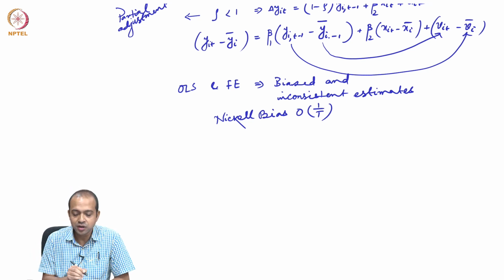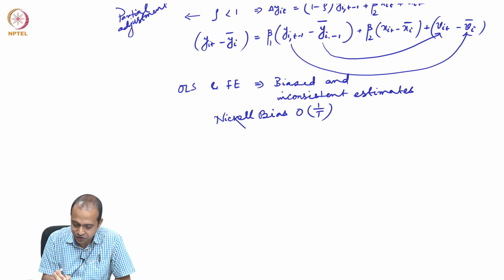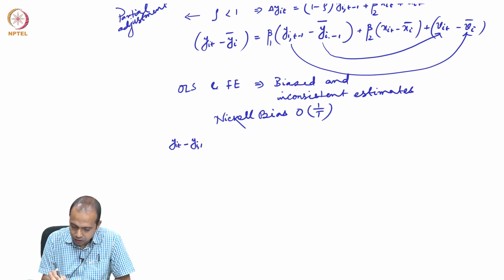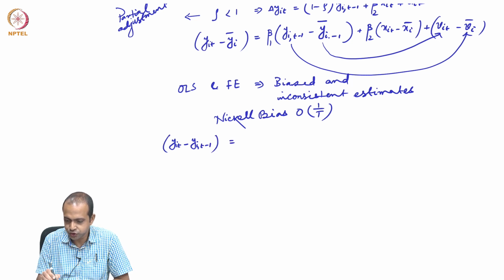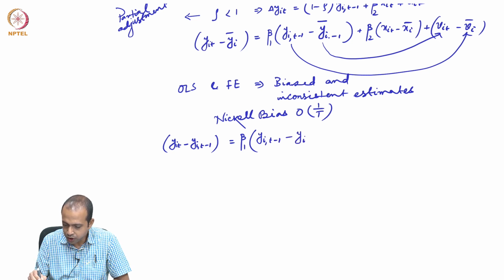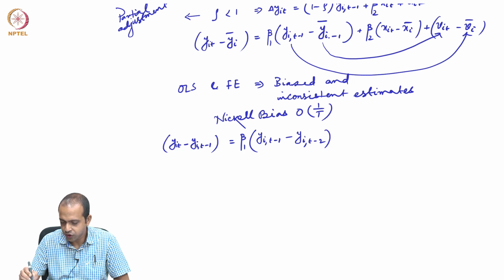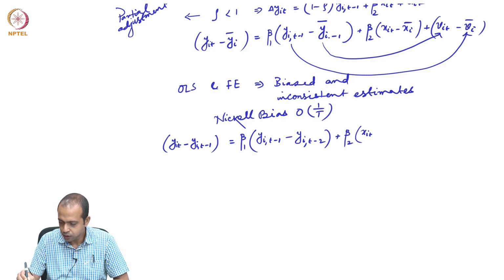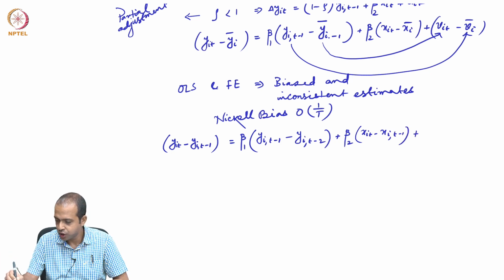So we may go for first differencing. If we go for first differencing, that means y_it minus y_i,t minus 1 equals beta 1 times (y_i,t minus 1 minus y_i,t minus 2) plus beta 2 times (x_it minus x_i,t minus 1), and a_i will get cancelled out, and I will get v_it minus v_i,t minus 1.